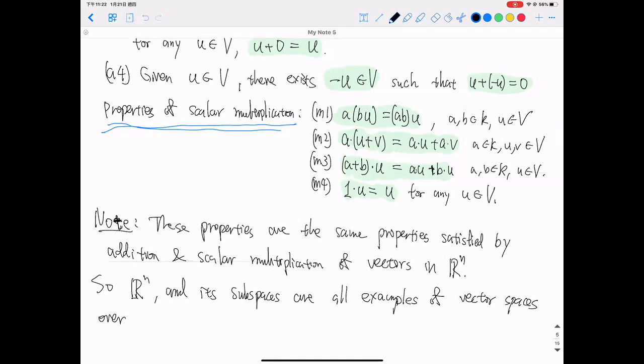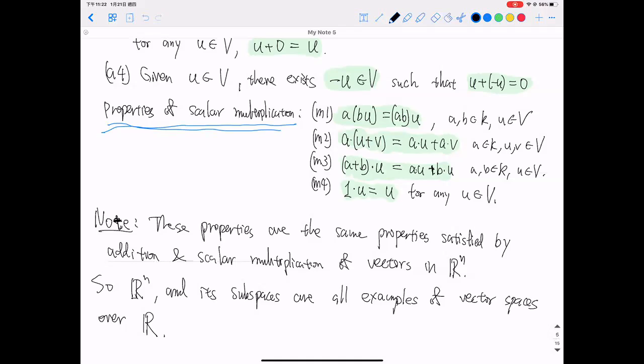As we remember, we've always been multiplying by numbers in the reals. So the scalar field here is R. So Rn and its subspaces are all examples of vector spaces over the field R.